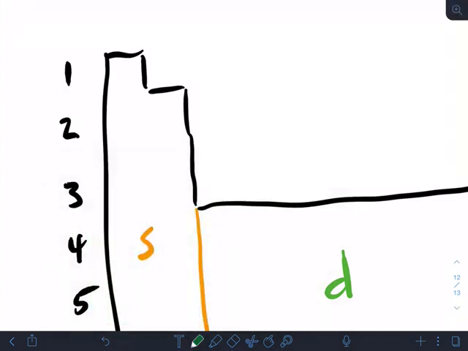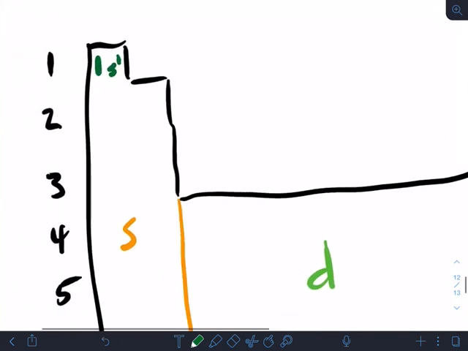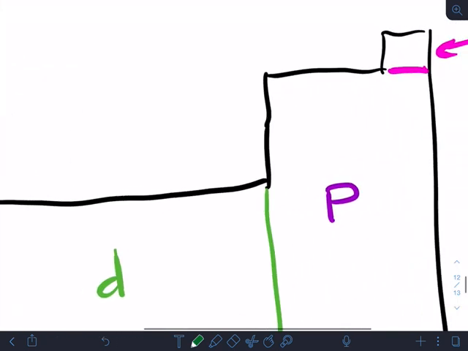Up here, let me zoom in some. So this is 1s1, and then helium over here, 1s2. I'm reading left to right, top to bottom. In my next row, here's 2s1, 2s2.